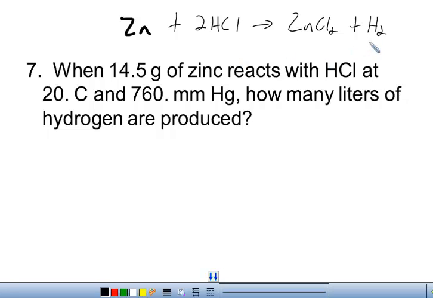So this is what we're wondering about. Don't know that. We do know 14.5 grams of the zinc is reacting. So what we're going to do is do the stoichiometry first in this case.